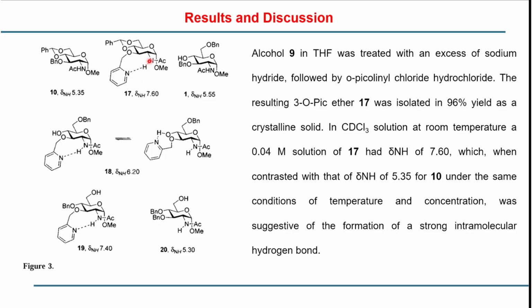That means it is undergoing intramolecular hydrogen bonding, so the deshielding of this proton happens and it goes downfield in the chemical shift. In the case of 10, there was no intramolecular hydrogen bonding. It shows a chemical shift value of NH of 5.35 at the same temperature and concentration. So that suggests that in 17, there is a strong intramolecular hydrogen bonding.